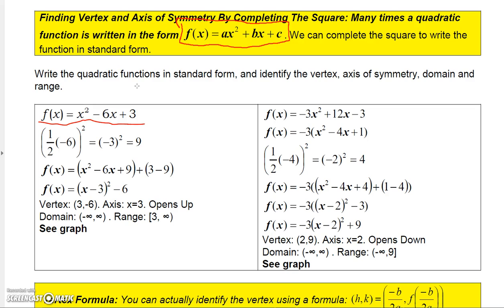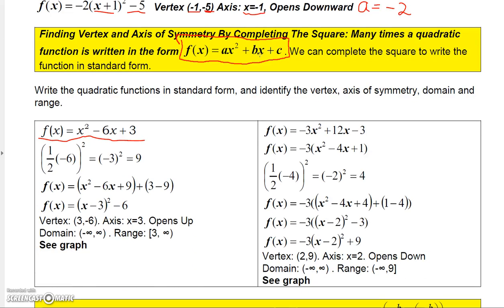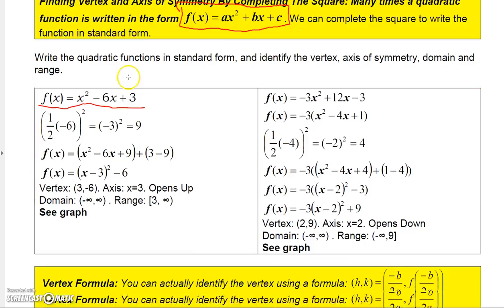Well, what you can do is complete the square to get it into the form up here. It's a little bit nasty, but there is a way to take this form and put it into the standard form.